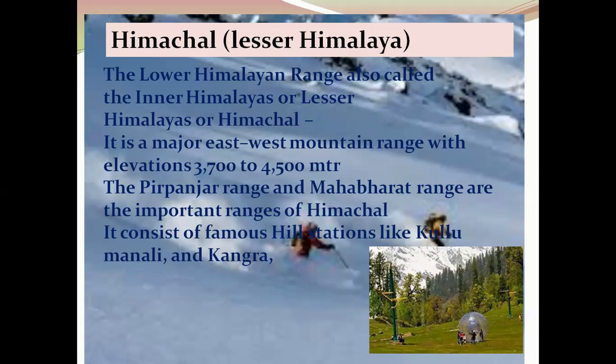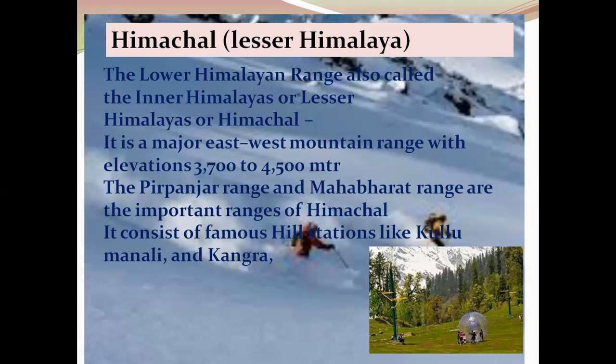This area is famous for hill stations where tourists visit during the summer season, and it is very good for good looking sceneries and a favorable climate to enjoy the environment. So people go and visit this area. Himachal or Lesser Himalaya, remember the special things about it.